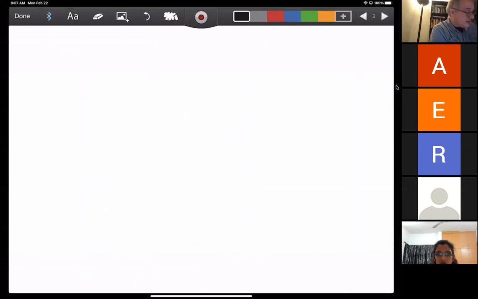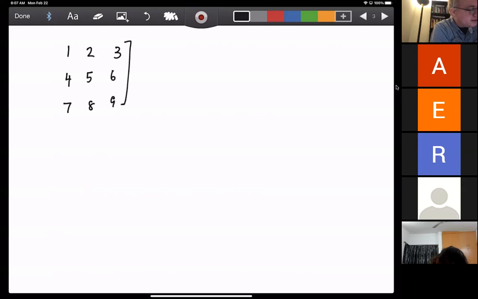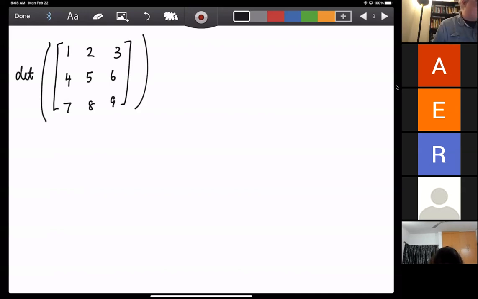So the idea is, let's take this 3x3 matrix, 3 rows, 3 columns. If I want the determinant of that matrix, here's some notation first.